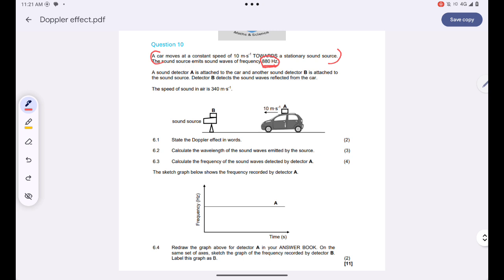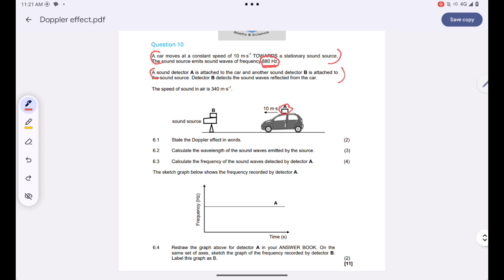Are you together? And then for the next one, the reflected frequency. B will reflect a greater frequency than that which was detected by A. Now these things change.